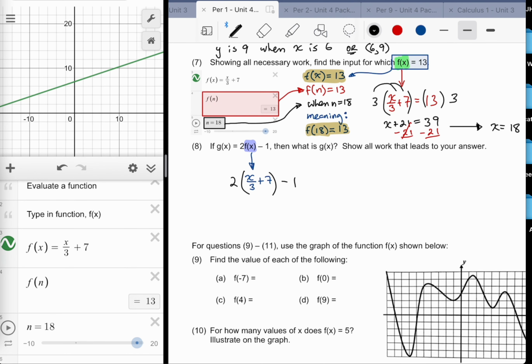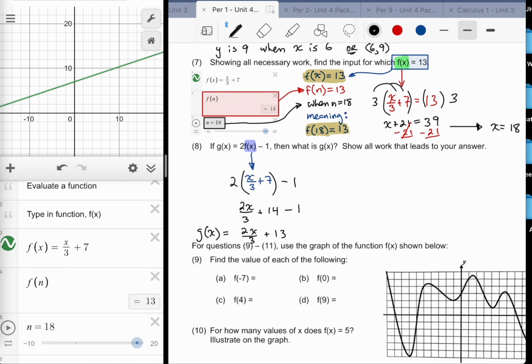So when we substitute, we use the distributive property. We get 2x over 3 plus 14 minus 1, which would be 2x over 3 plus 13, and that would be my g of x.